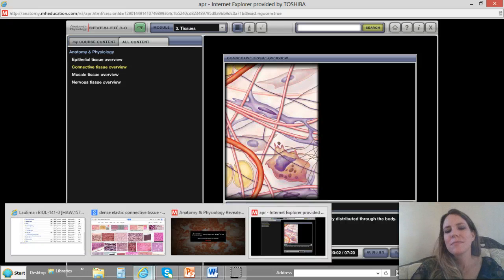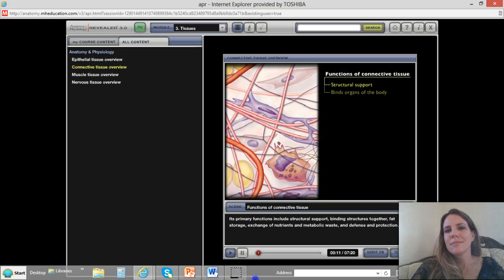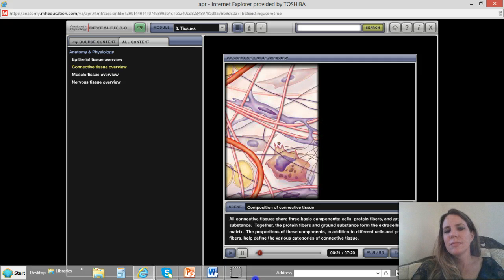Connective tissue is diverse, abundant, and widely distributed through the body. Its primary functions include structural support, binding structures together, fat storage, exchange of nutrients and metabolic waste, and defense and protection. All connective tissues share three basic components: cells, protein fibers, and ground substance.